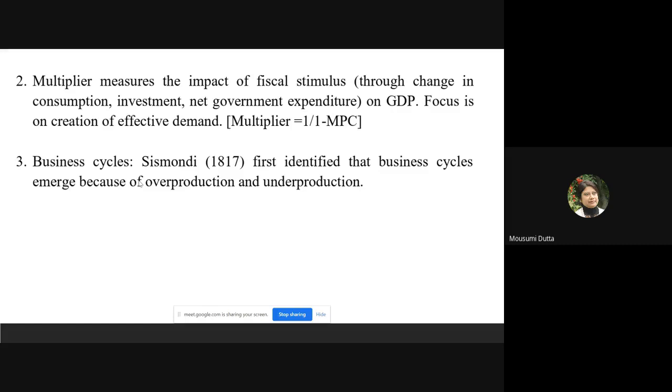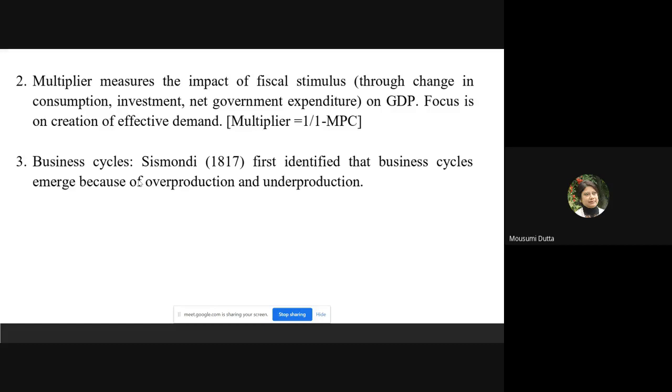These are called fiscal stimulus. On the other hand, you can increase the money supply and give a push to the economy, using printing of currency or liquidity in the hands of people.